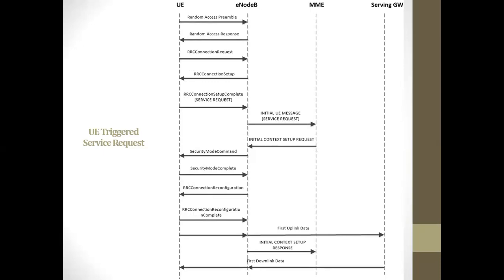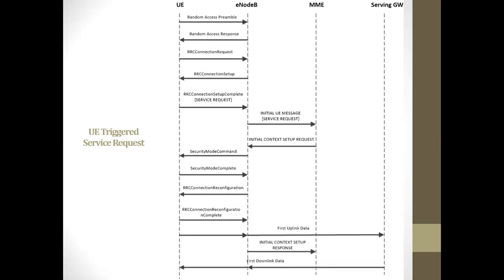Of course, I'm showing it for a UE triggered service request. It could also be a network triggered service procedure, and then the first message would be paging. When the UE receives this, it activates the security. We will discuss this security mode message from RRC. So this is the activation of security at the AS.